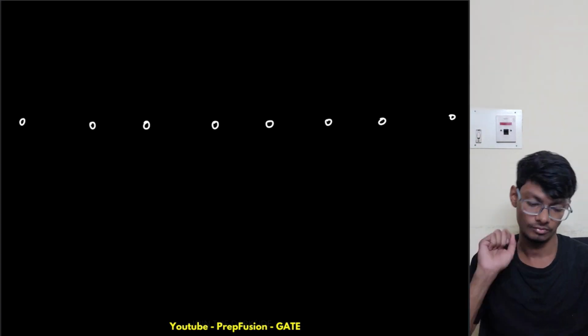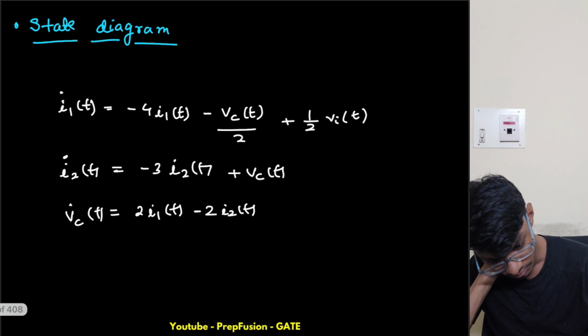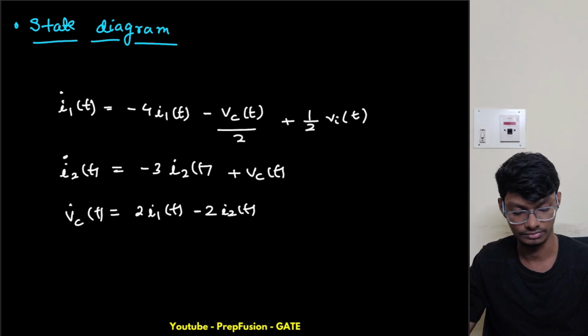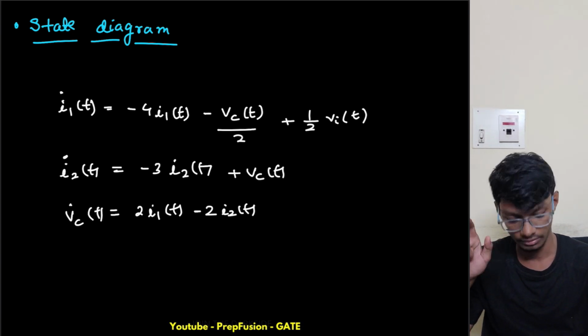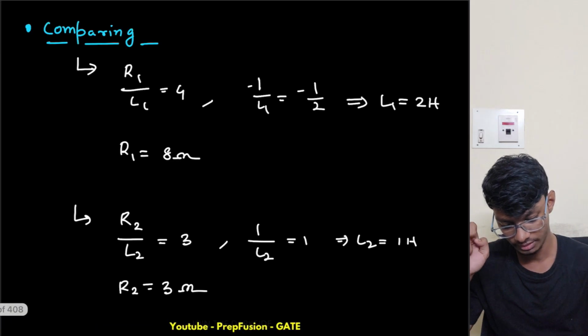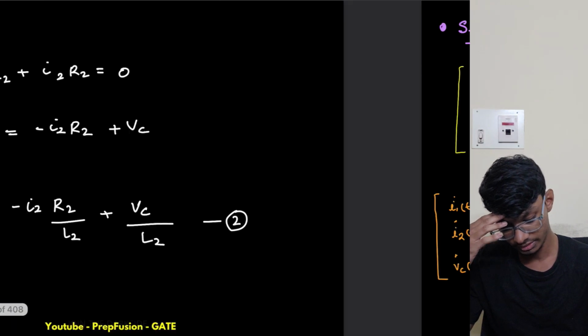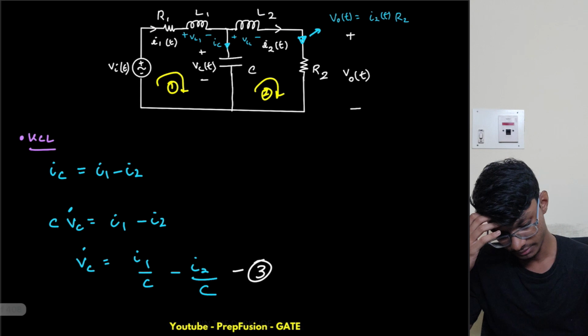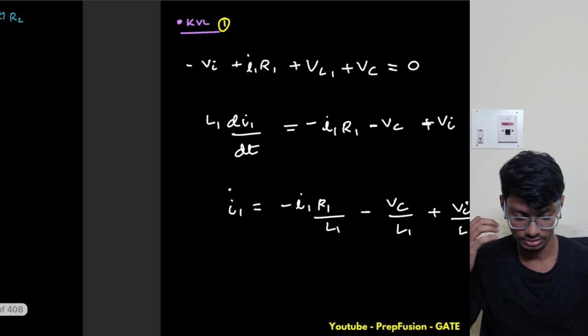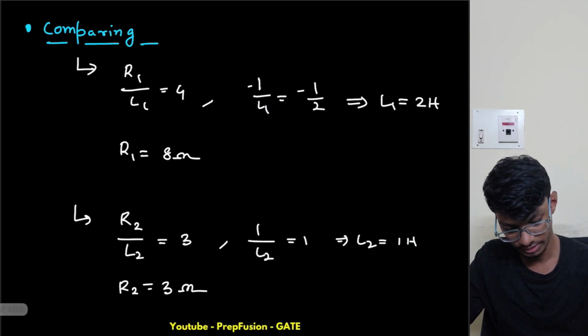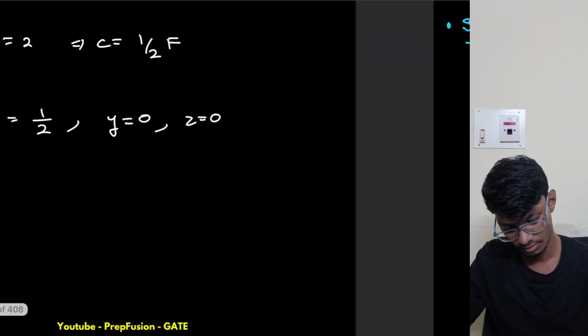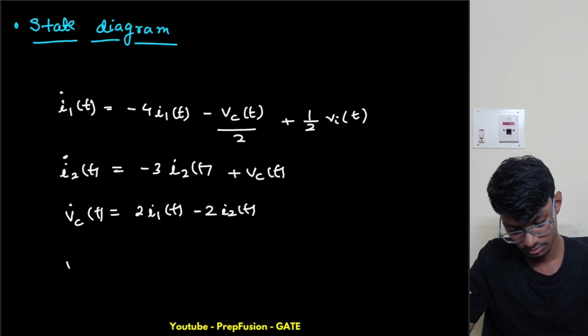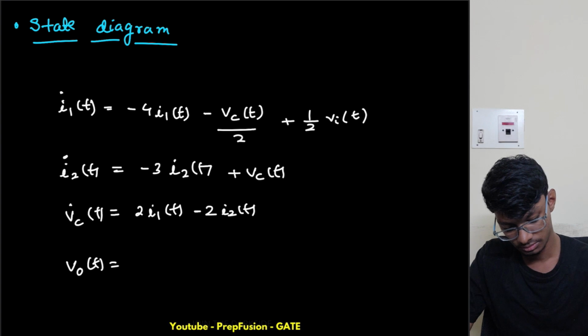Now one thing I notice is I2 is directly related with my VO. What was my VO? I forgot to write the output equation also. VO was I2 times R2, so I will write the output equation here: VO is I2 of t times R2.